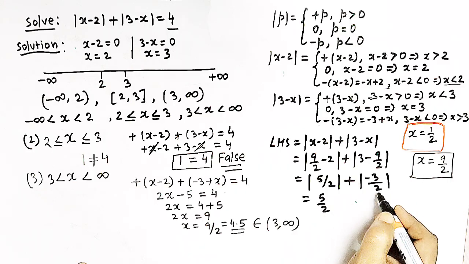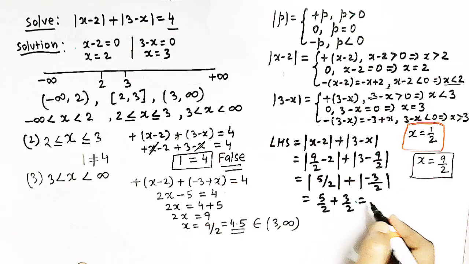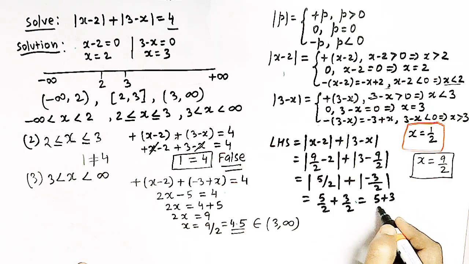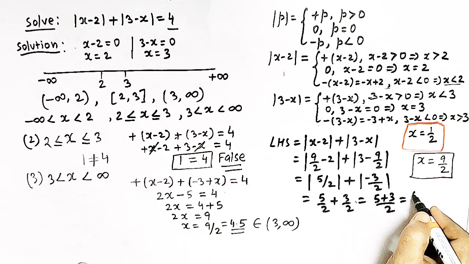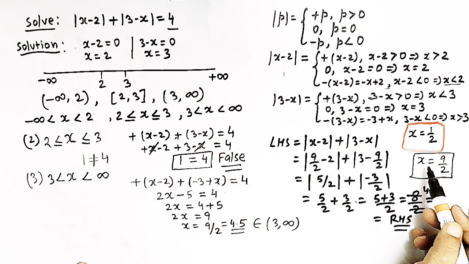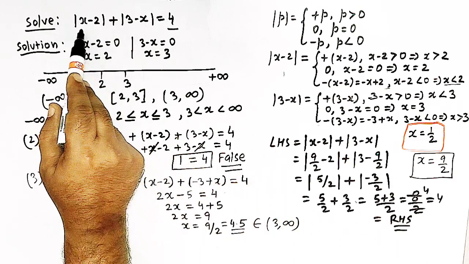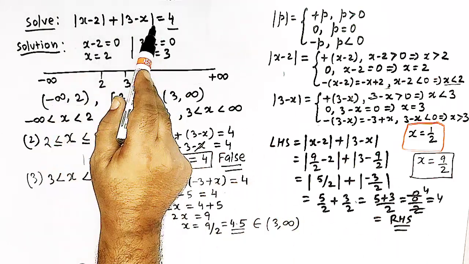Mod of minus 3 over 2 is positive 3 over 2. So we have 5 plus 3 over 2, that is 8 over 2, and this is equal to 4, that is equal to the right hand side. So this verifies that x is equal to 9 by 2 is also a solution of this equation.